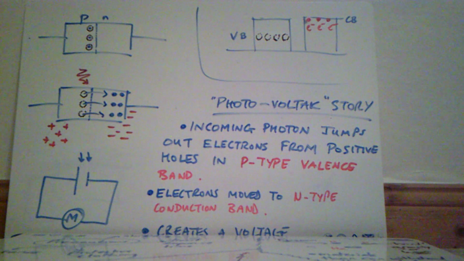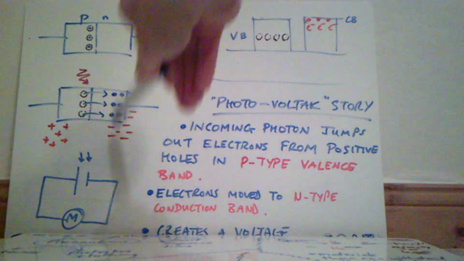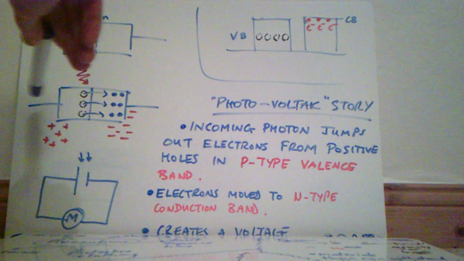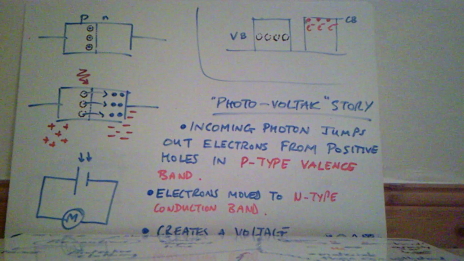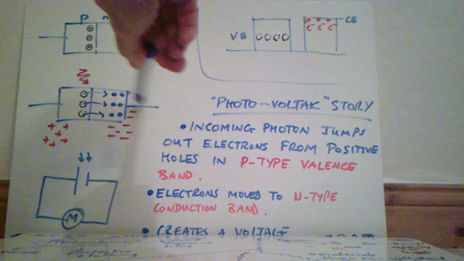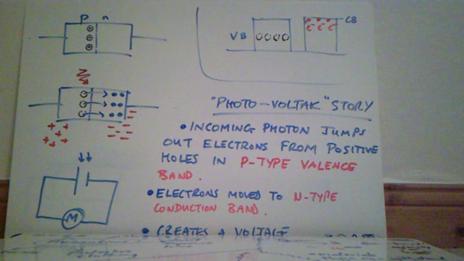So the n-type electrons and the p-type positive holes get pushed much further apart. Well, if the negative and positive ends get pushed much further apart, then you have a much bigger voltage, and if you have a much bigger voltage, then you can do stuff with that.